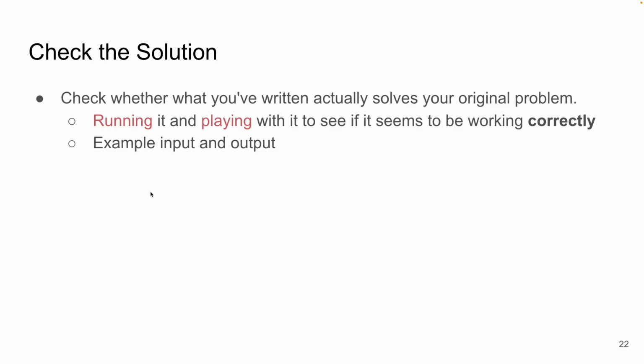First, of course, you need to run your code, type in the example input or any other input you can think of, and check whether the output is what you expect. So checking the solution is the final step here. Just try all the inputs you can think of and observe whether anything is wrong in your output. And if there is anything wrong, go back to your code and debug again.